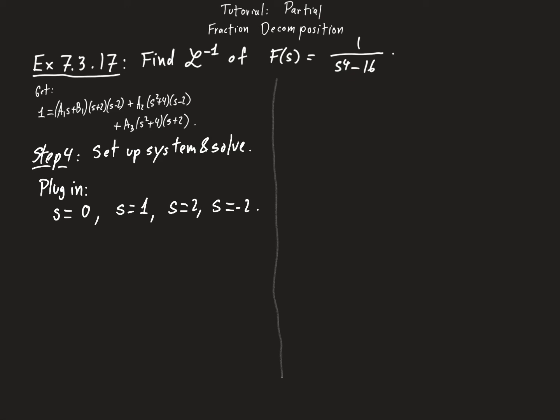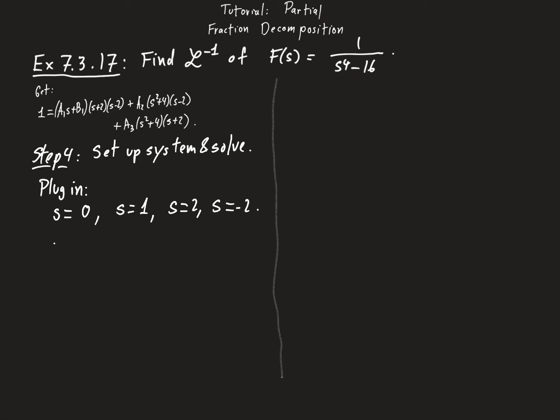But for the most part, if you take any 4 different values of s here, that will give you 4 different equations, and you should be good to go. But I did pick at least 2 of these pretty carefully. I picked s equals 2 and s equals negative 2, specifically because they're going to make some of these terms 0 and simplify our life quite a bit. So let's see how that works out.